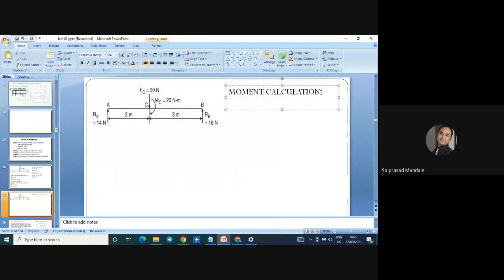I'm going to give you the answer: moment at A is equal to moment at B is equal to how much? Moment at A is equal to 0, moment at B is equal to 0, perfectly correct. Moment at A experiments, so it is always 0. Now look here, this is a very important step.